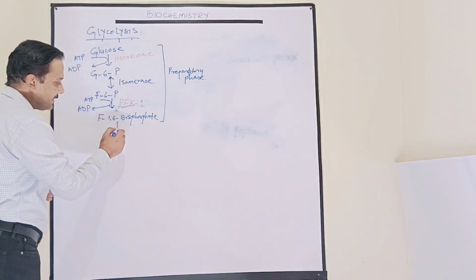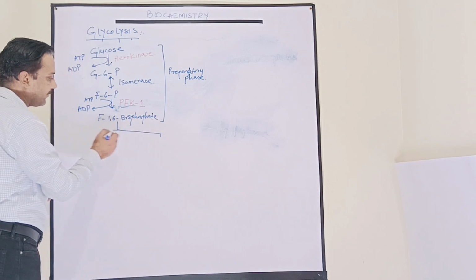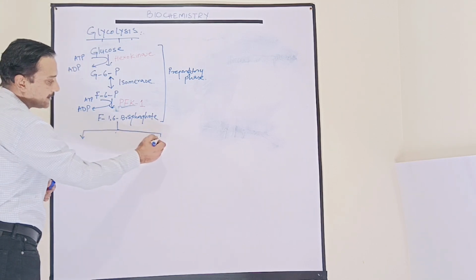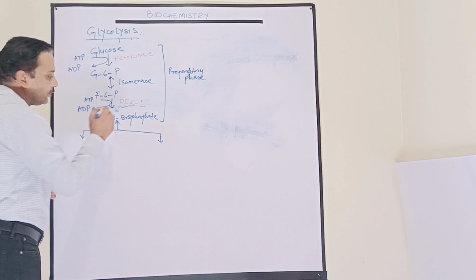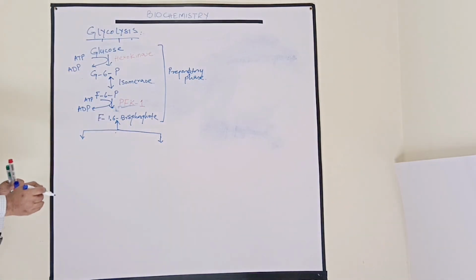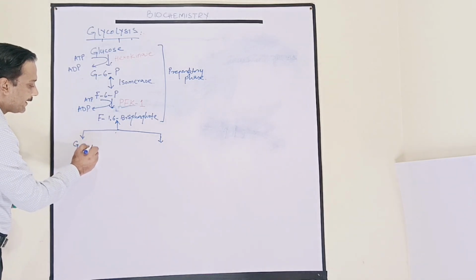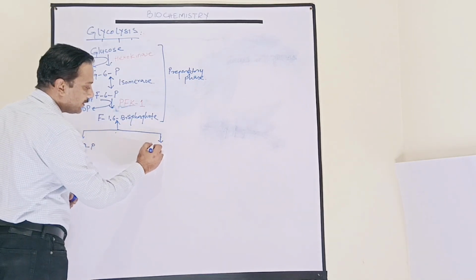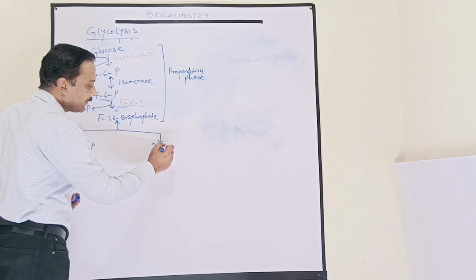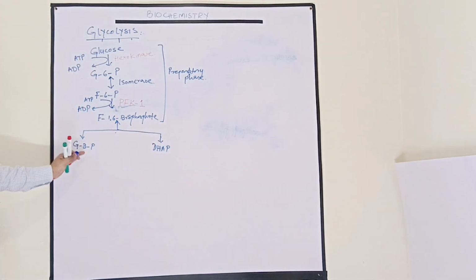Now when the lysis starts, this fructose 1,6 bisphosphate, which is a 6 carbon molecule, is converted into two molecules of three carbon molecules, that is glyceraldehyde 3 phosphate and dihydroxyacetone phosphate. Both are three carbon molecules.